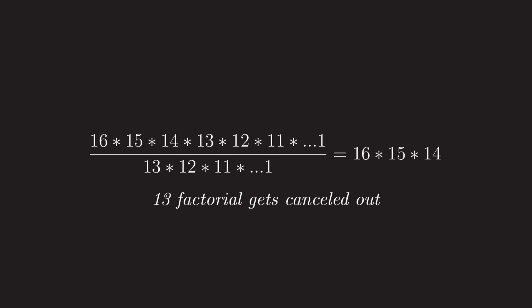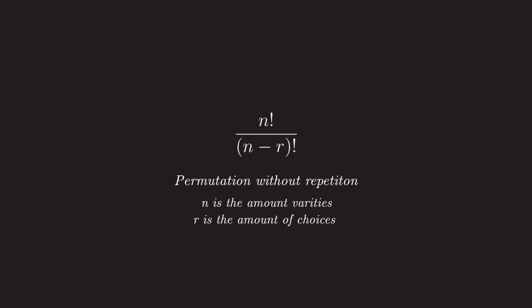Using that knowledge, we can simplify the equation to 16 factorial. But what if we only want 3? Well, you could just divide by 13 factorial. Dividing by 13 factorial cancels out, leaving 16 times 15 times 14. Using this information, you could form this equation.